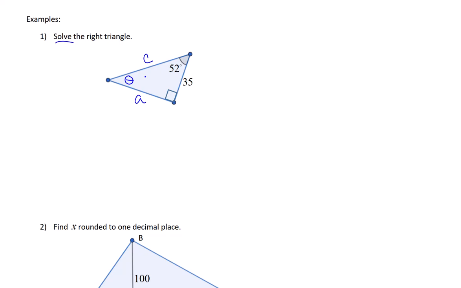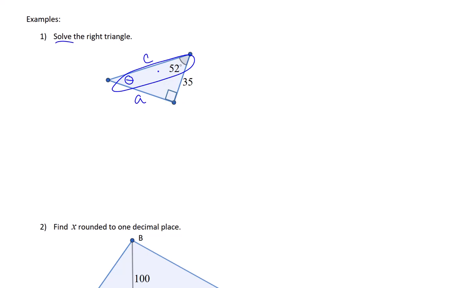But what we know is that the angles inside a triangle must add to 180 degrees. Well, if you already have 90 degrees for your right angle, that means the other two together must then add to another 90 degrees, because altogether they have to add to 180 total.